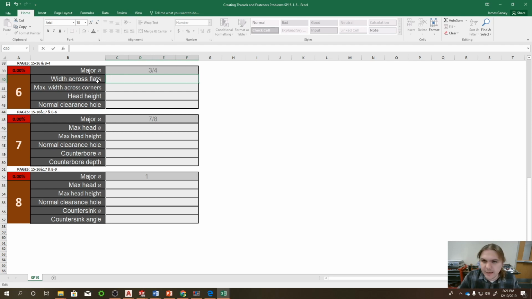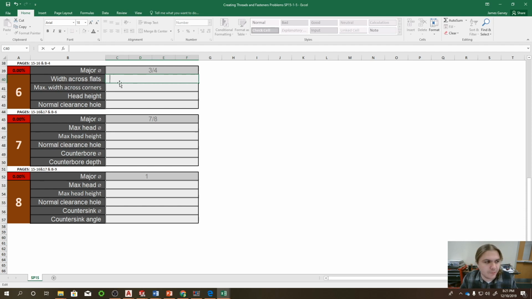I'm going to go to the back of the book, Appendix B. On page B4, they provide some different equations for different sizes of hex bolts.